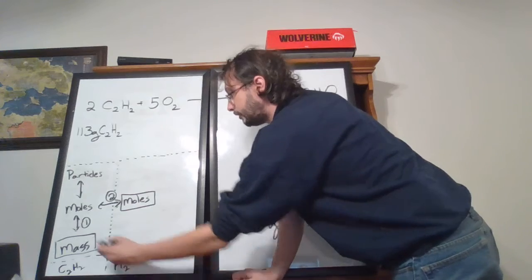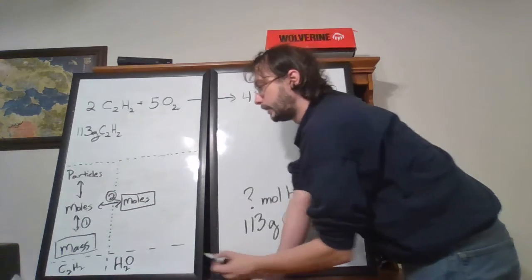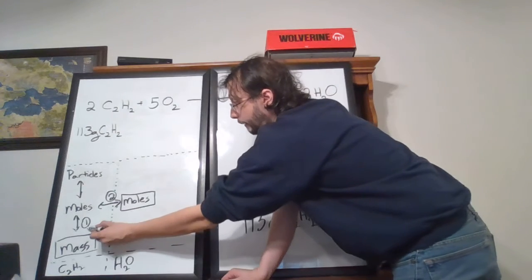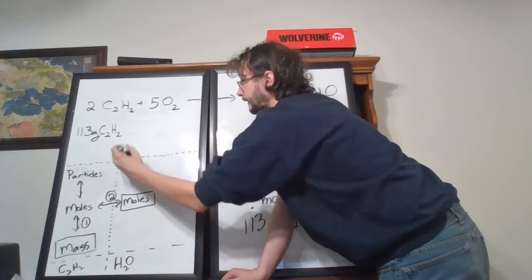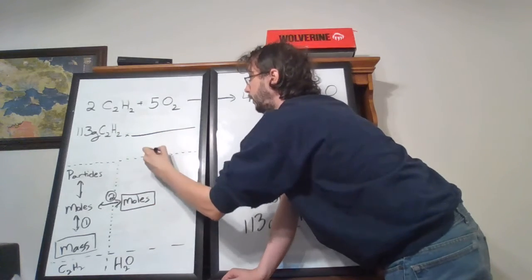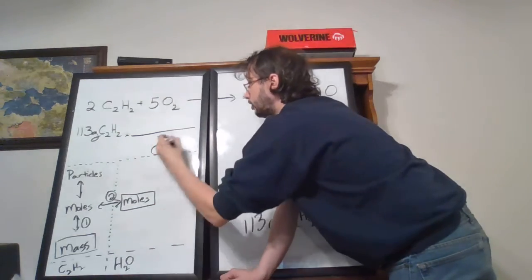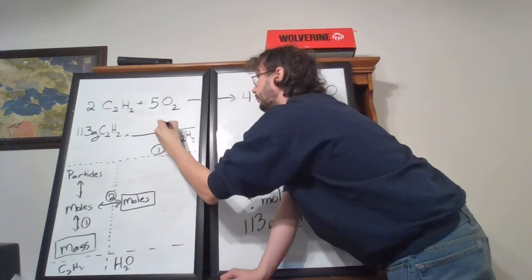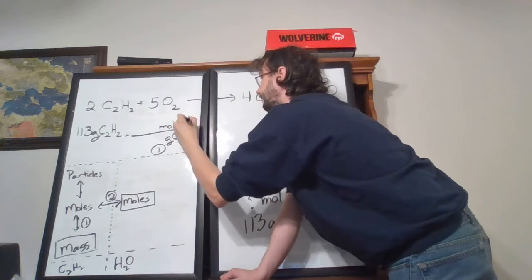Okay, and let's use this to figure out how we're setting up the problem. We're starting here with mass, or grams of acetylene. We need to go up for our first step, up to moles of acetylene. So we know that our first conversion factor, number 1, takes us from grams of acetylene to moles of acetylene.